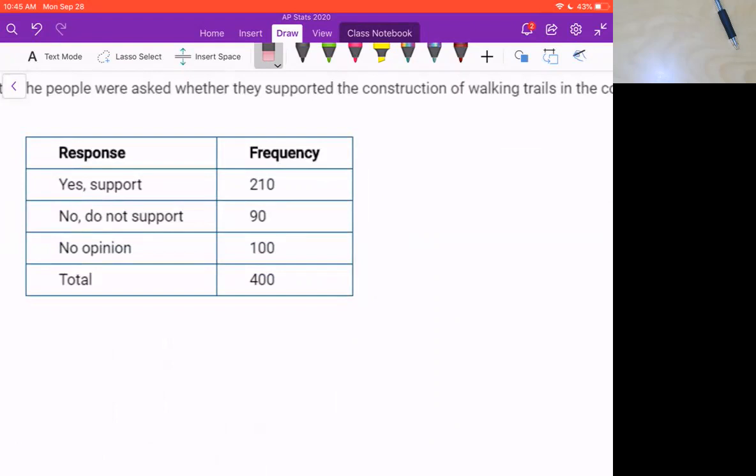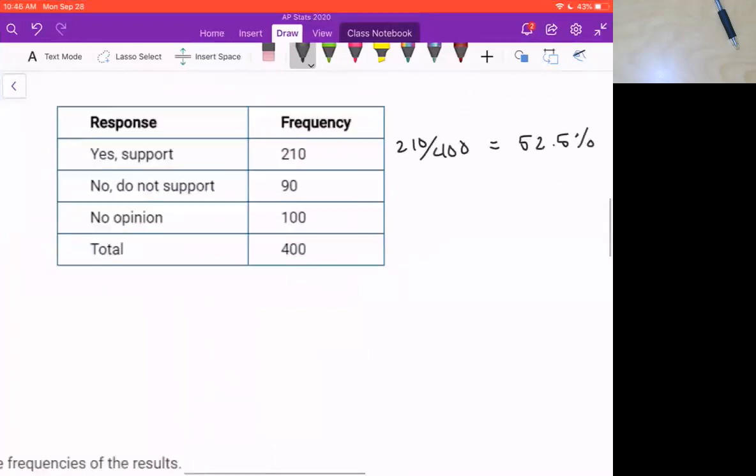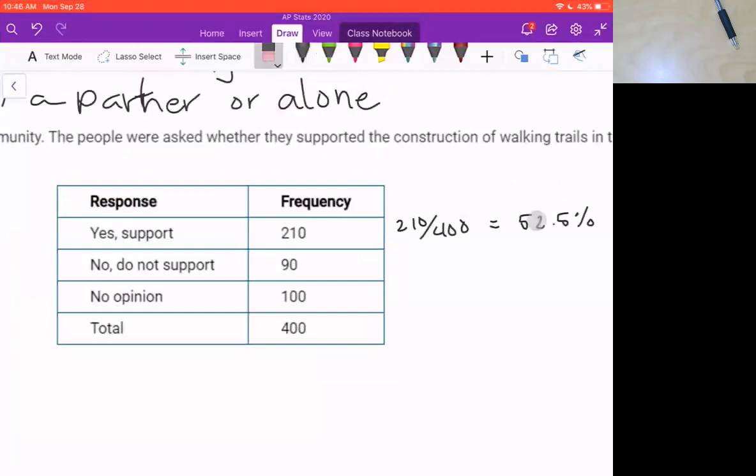So 210 out of 400, that is 52.5%. So then you would go to your bar graph. Oh, it's in decimal form, so I'll just be more exact and not put a percentage there. This is 0.525. Same value.